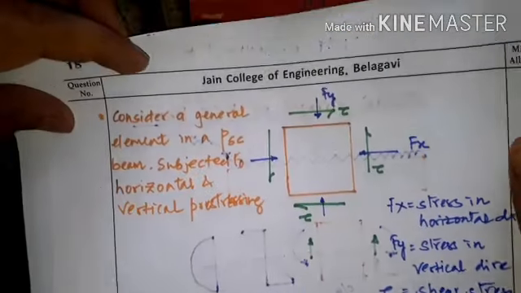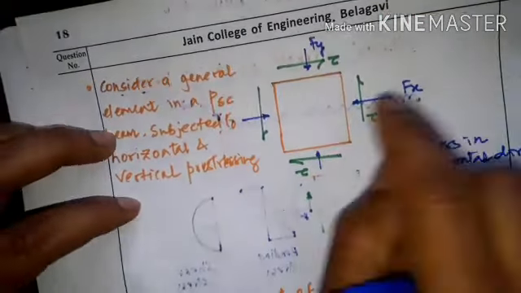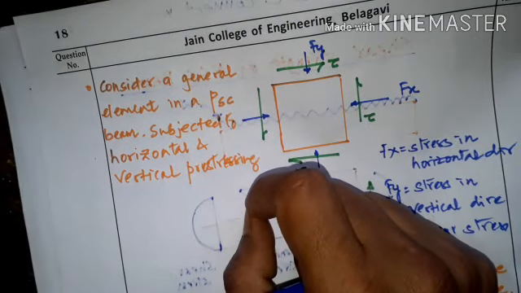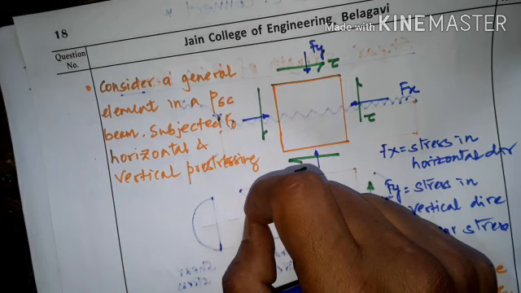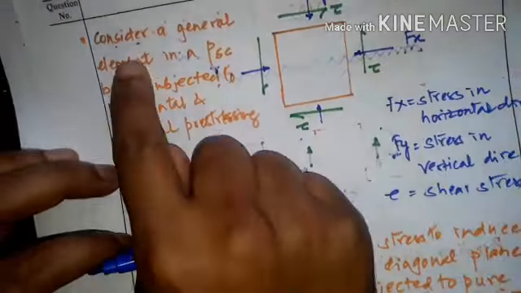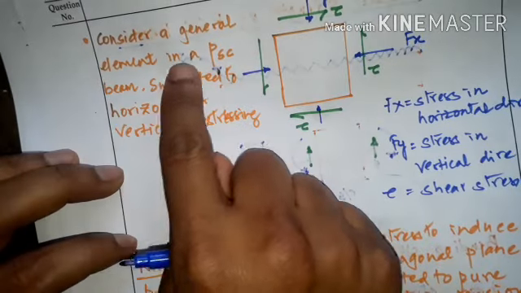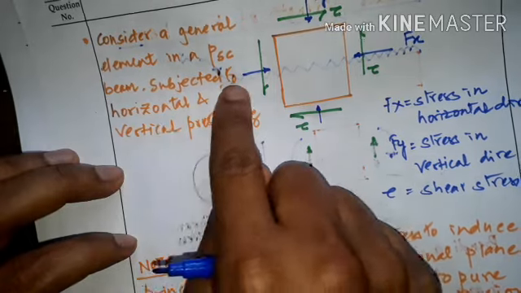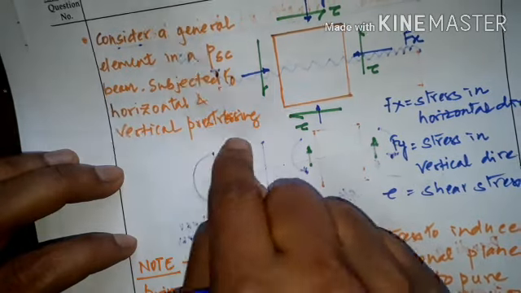Next, we'll consider a small element of a rectangular concrete beam. Consider a general element in a prestressed concrete beam subjected to horizontal and vertical prestressing.